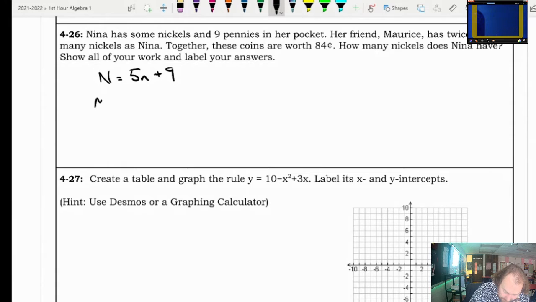Maurice, let's see, has twice as many nickels as Nina. So I don't know how many nickels Nina has. So I guess N is the number of nickels. Let's say N equals the number of nickels Nina has.